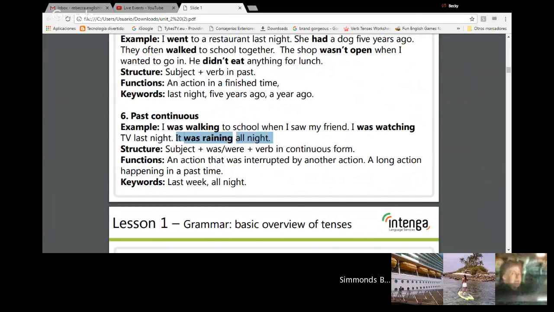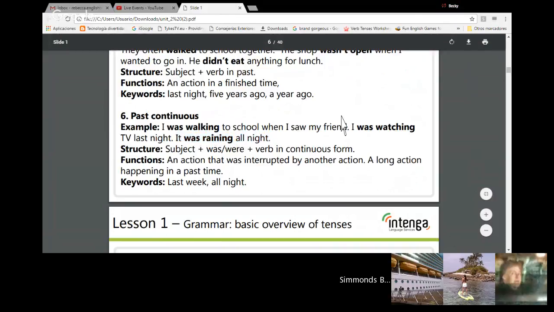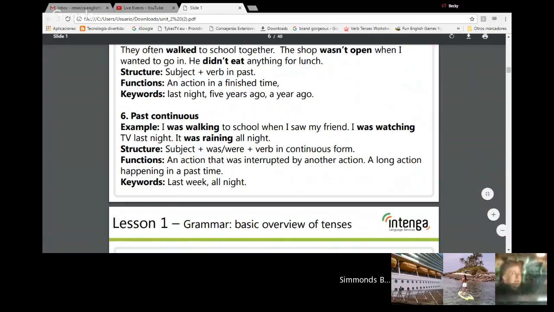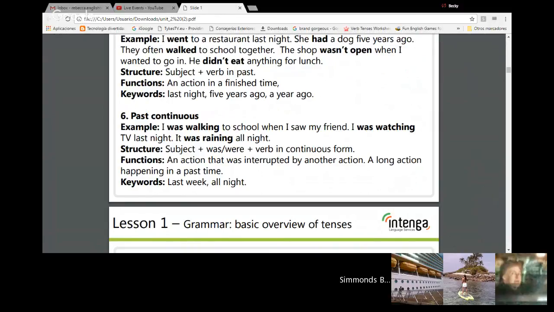I had a question about present continuous. Sometimes now, people begin to say, "I'm loving it." Is it acceptable? I cannot say in a textbook. Yeah, you're talking about the McDonald's slogan, right? Exactly.